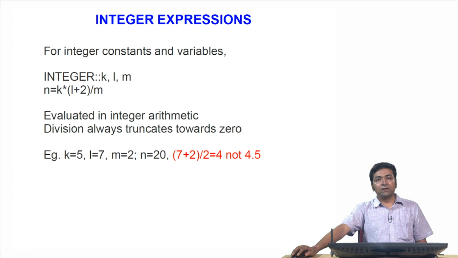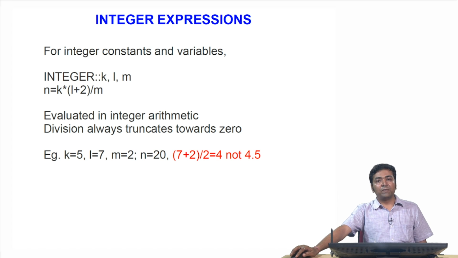One thing one needs to be a bit careful about is when one uses integer expressions. For example, if I have these three variables k, l and m, which I have declared as integer type, and I want to perform this expression k into l plus m, l plus 2 by m, and assign it to this variable n.